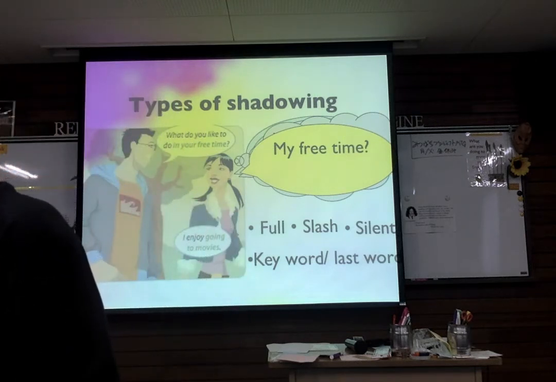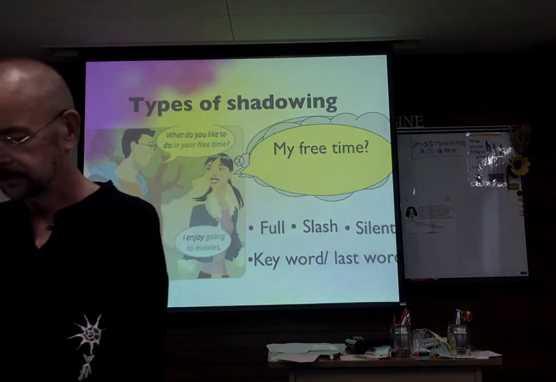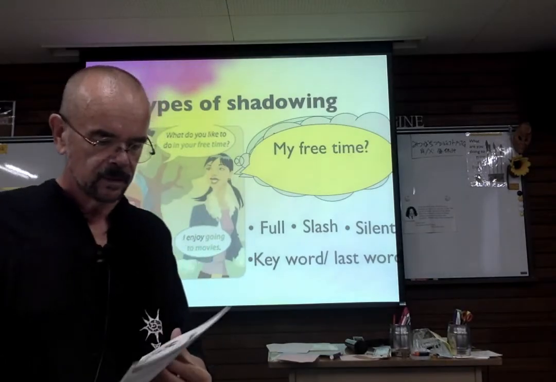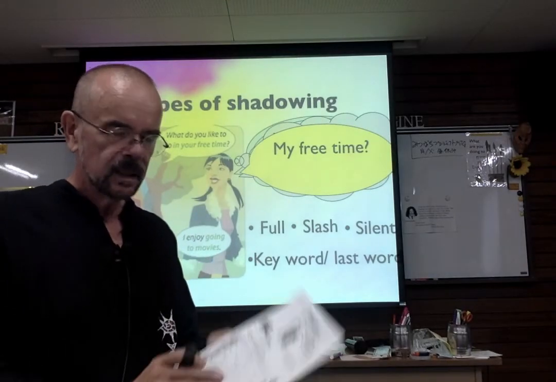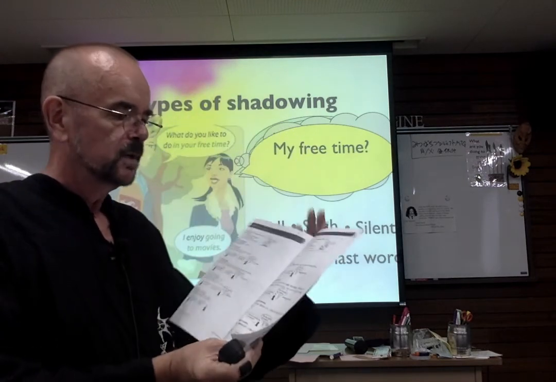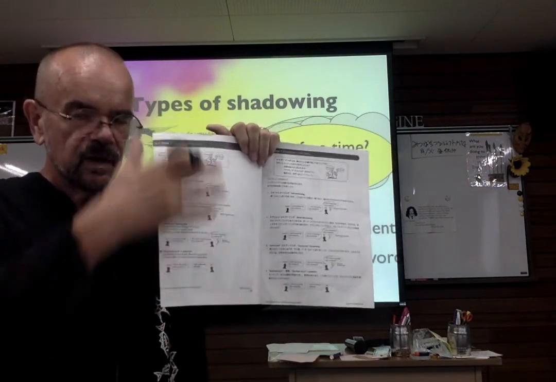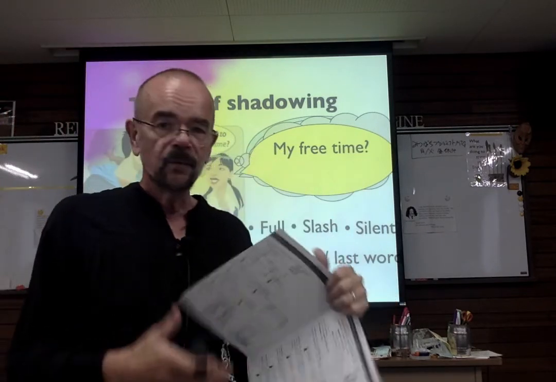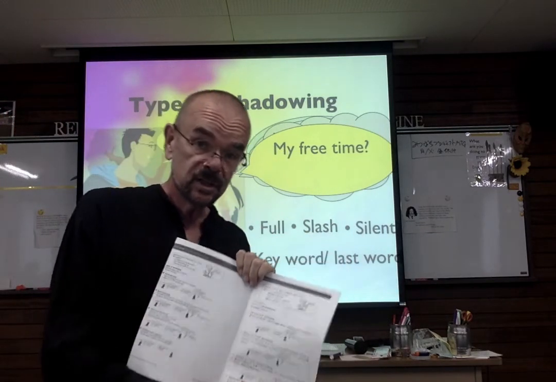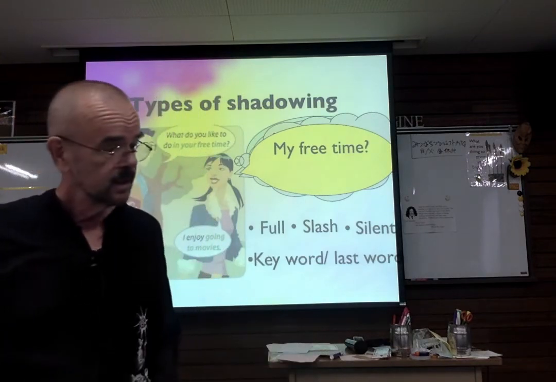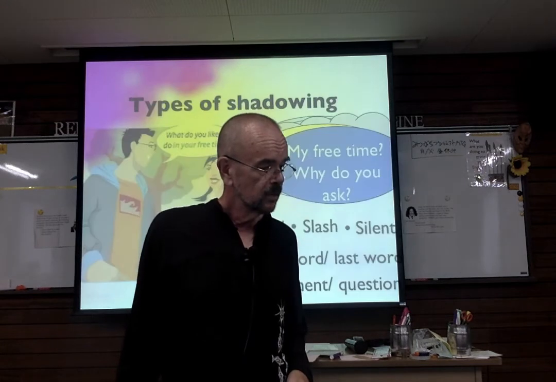In your handout, on the back of that dictation, there are two pages of different ways to shadow. One's in English, one's in Japanese. That'll make it easier to use, for example, with junior high students. Okay.